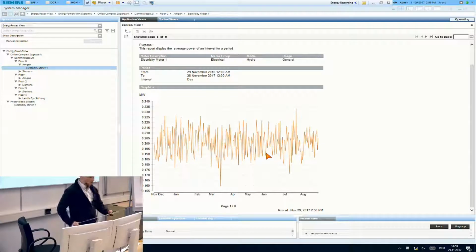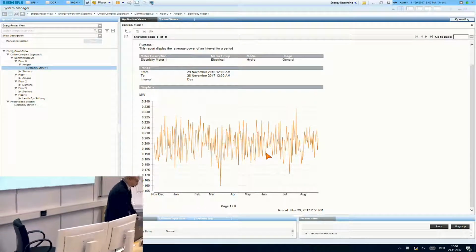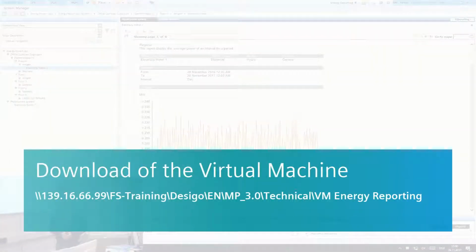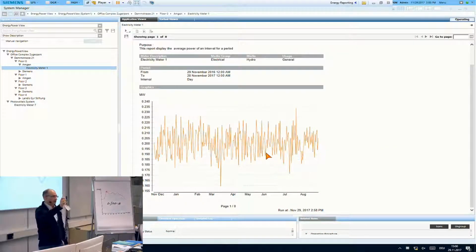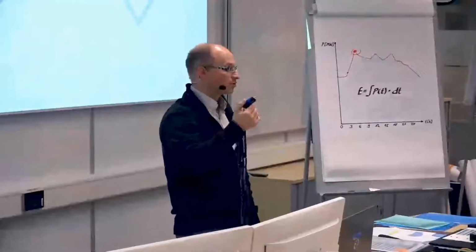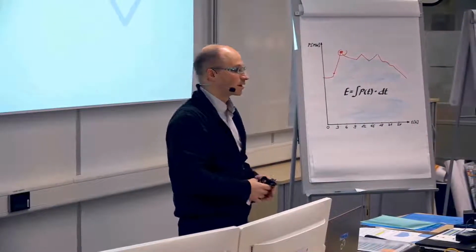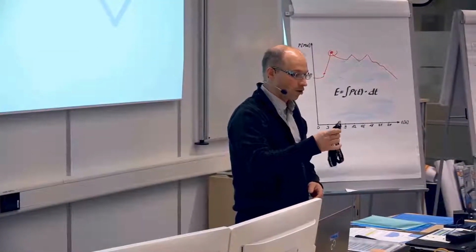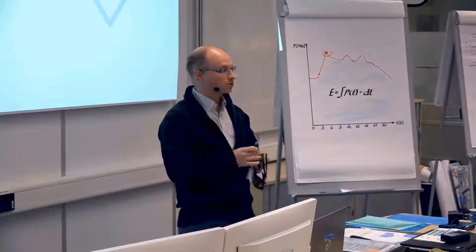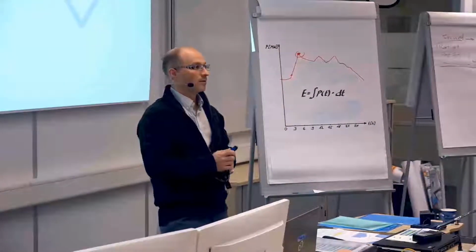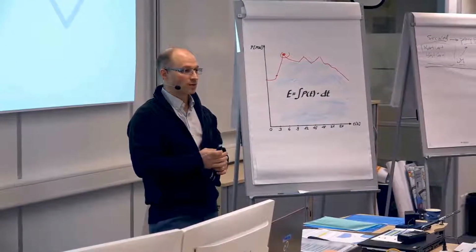This virtual machine is, by the way, also available for download. Those who are interested can contact me. For you here in the classroom, the virtual machine is on this USB stick. It's about 13 gigabytes, and the only restriction we have is that you may only use it on a Siemens registered Windows client.